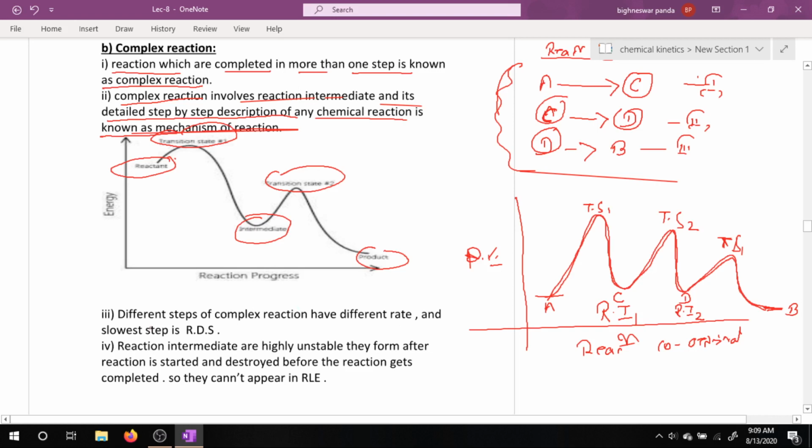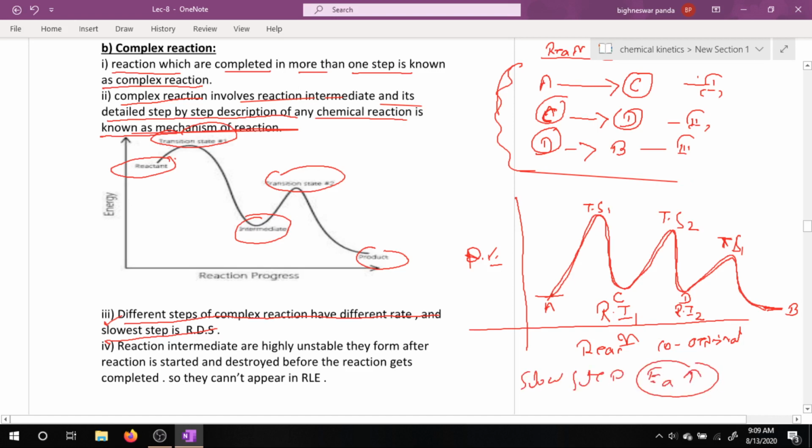So here the next important point: different steps of a complex reaction have different rates, and the slow step is the rate determining step. If we consider a slow step, the activation energy should be high.